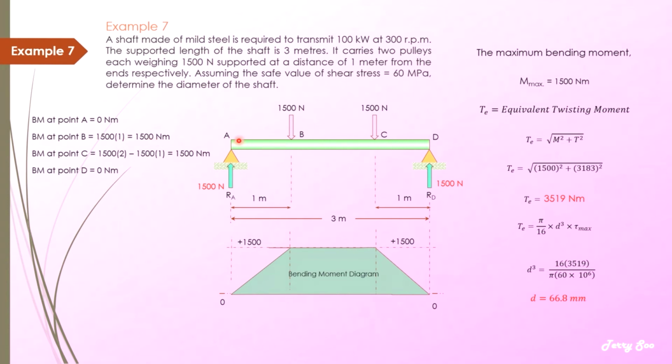But for this other 1500, the distance from this force to this point is 0, so that one is omitted.